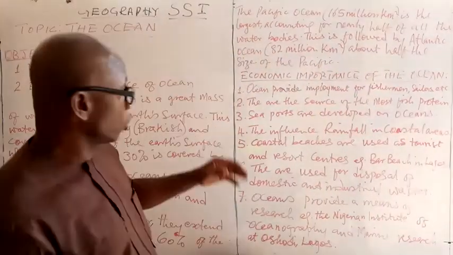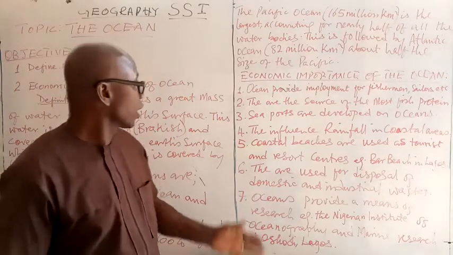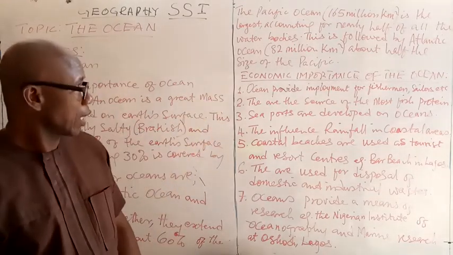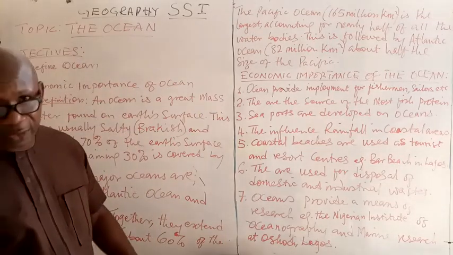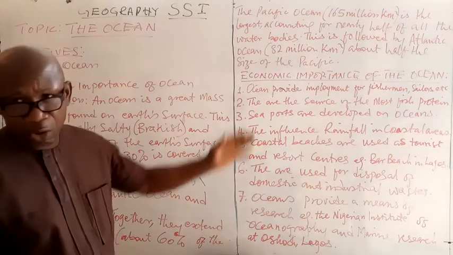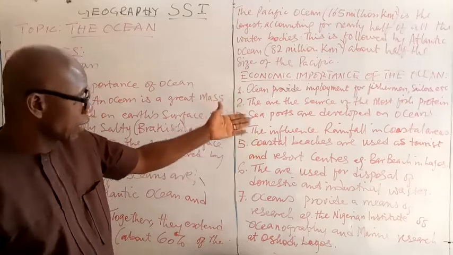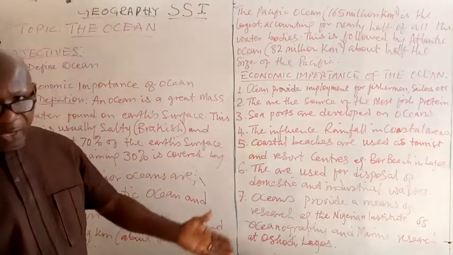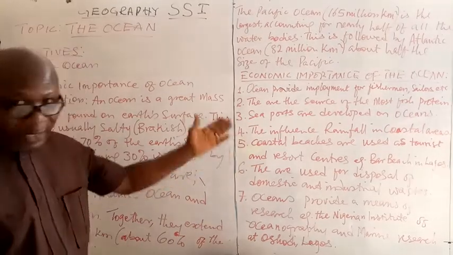The Pacific Ocean, which covers about 165 million square kilometers, is the largest, accounting for nearly half of the water bodies worldwide. This is followed by the Atlantic Ocean, covering about 82 million square kilometers, about half the size of the Pacific.